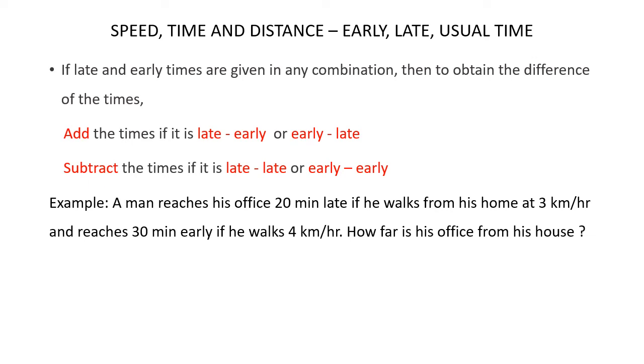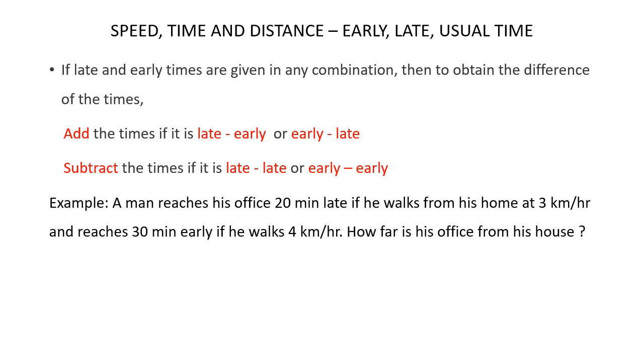Subtract the times if it is late late or early early. You have to add the times if the times given are different, like late early or early late. You have to subtract the times if the times given are the same, late late, early early.